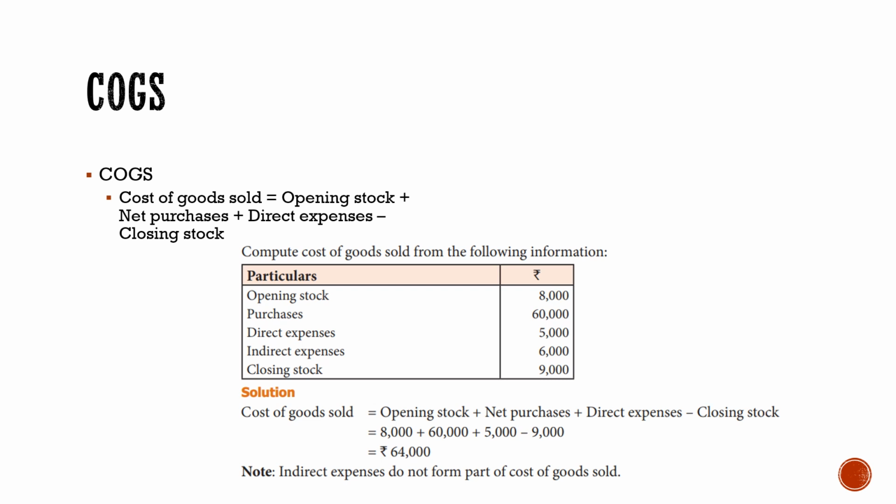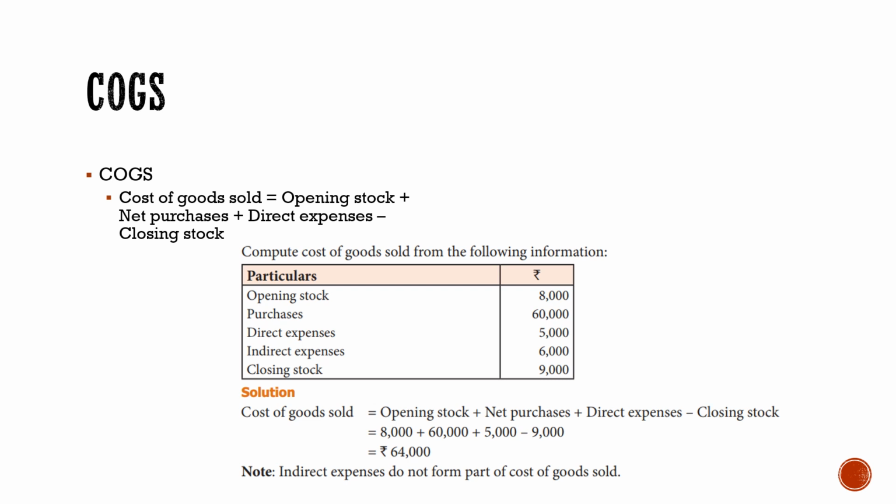And the next one is COGS, or cost of goods sold. The formula to find this is we have to add opening stock, net purchase, and direct expenses. You have to sum these three things, and finally subtract the closing stock. Now the result will be the cost of goods sold, COGS. Let me see an example.